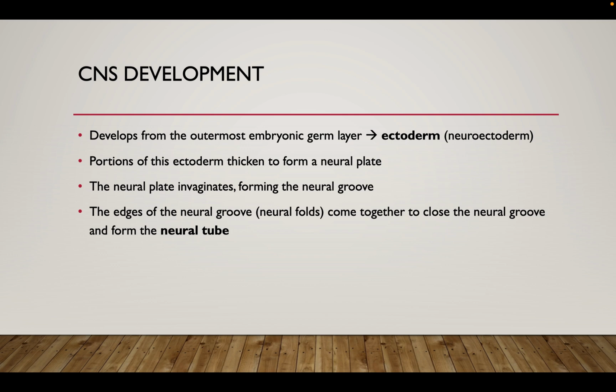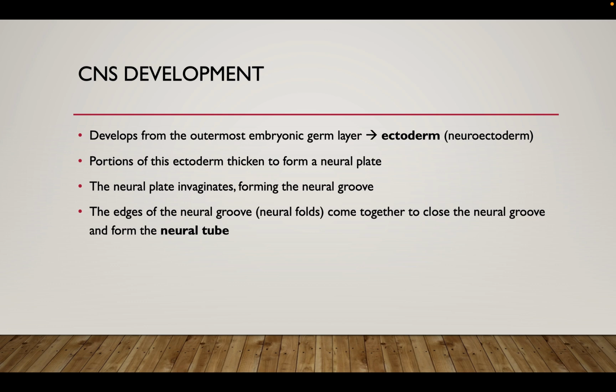We'll focus on our ectoderm here, since we're discussing the central nervous system. But understand that the ectoderm also leads to the development of our skin, our epidermis. So our epidermis and our brain and nervous system are related in the sense that they both came from the same embryonic germ layer as we were originally developing.